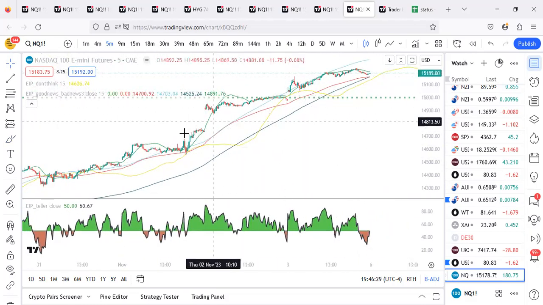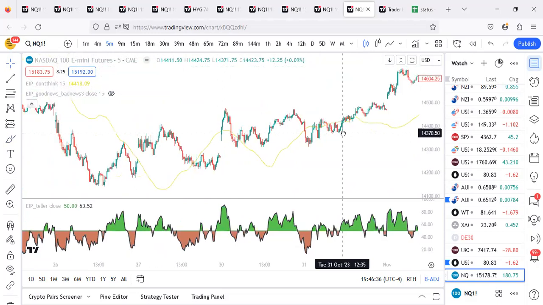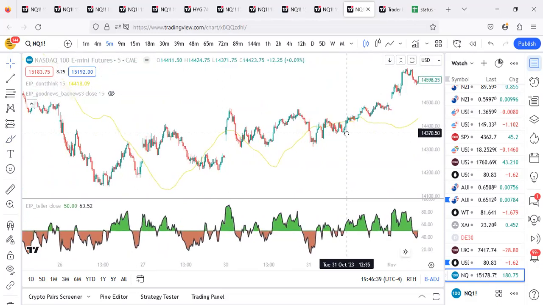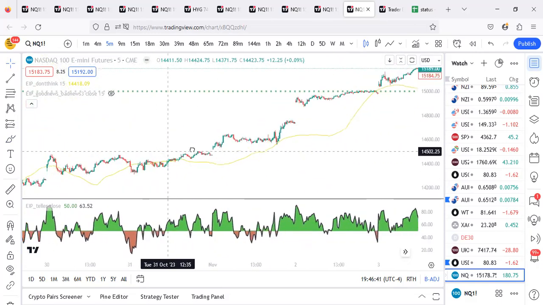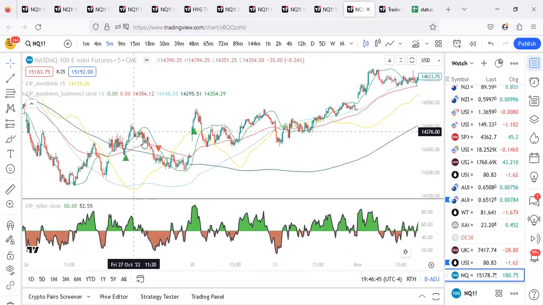So there were no shorts intraday, and you could see from the Gann cycle before it does anything.